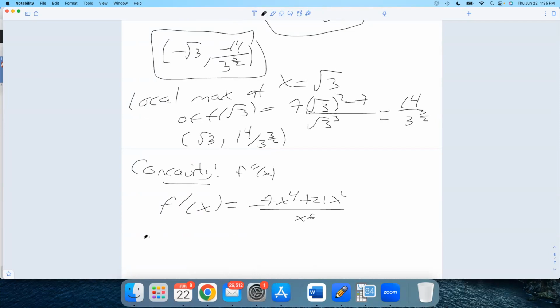Okay, let's take its derivative. The second derivative is the derivative of the derivative. So I got to use quotient rule here.